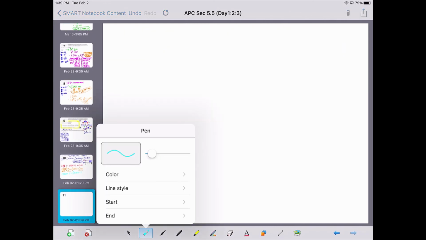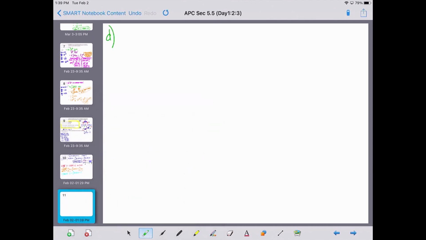So my step D is going to be add the symmetric integral from -2 to 2 of sine of the cube root of x dx to all 3 sections.